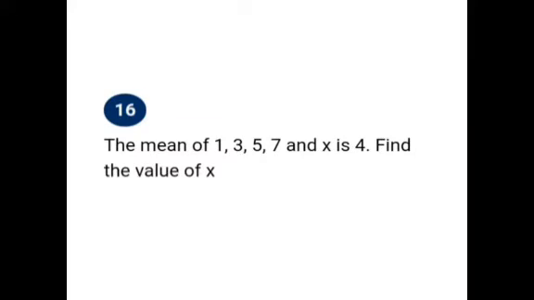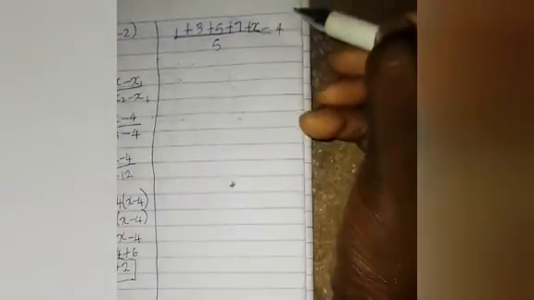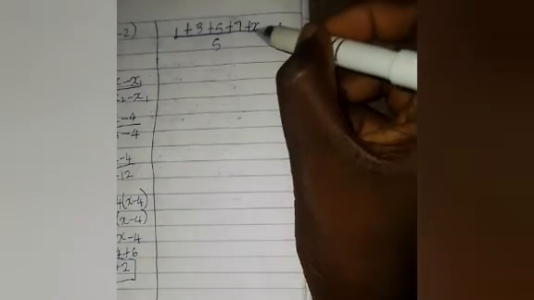Number 16. The mean of 1, 3, 5, 7, and x is 4. Find the value of x. 1 plus 3 plus 5 plus 7 plus x all over 5 is equal to 4. We are looking for the value of x.